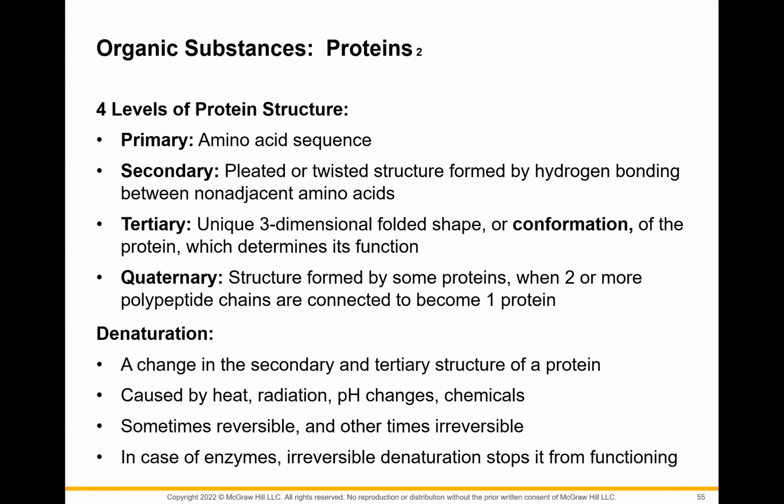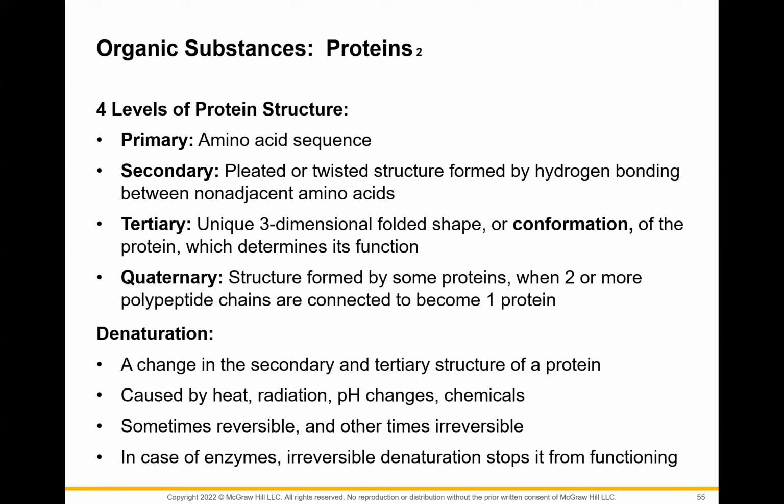And then finally, we hit the tertiary, and this is where it has a unique 3D shape to it. And this really determines the function of a protein. Structure and function really relate when it comes to proteins. And then finally, we'll see a quaternary structure, which is formed by some proteins, and you'll have multiple polypeptide chains connect to make just one protein.